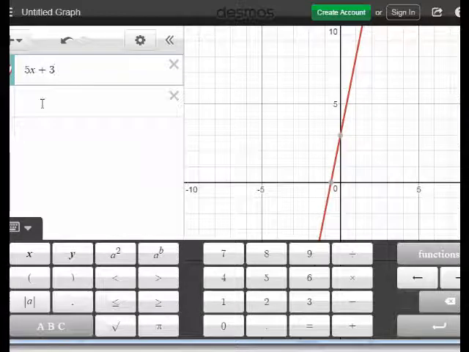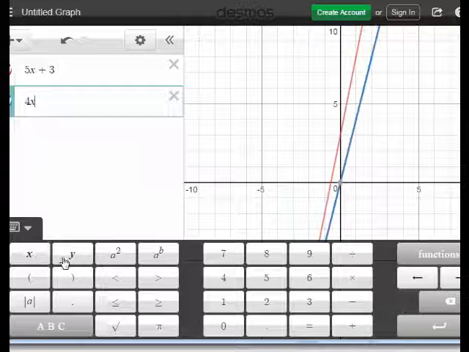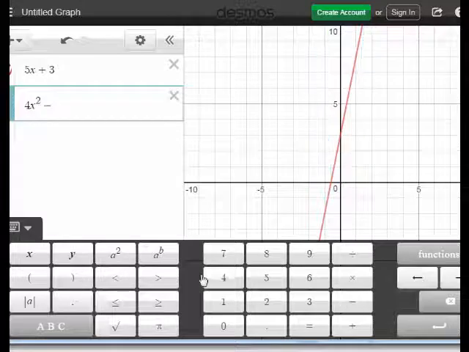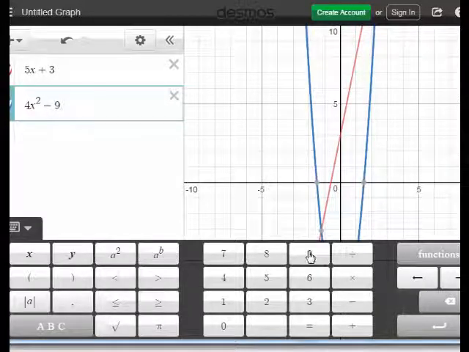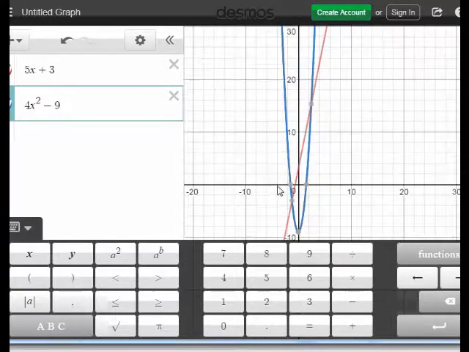I'm going to go down to the second line and enter the second expression, 4x squared minus 9. Do you see what that looks like? That's the blue line.